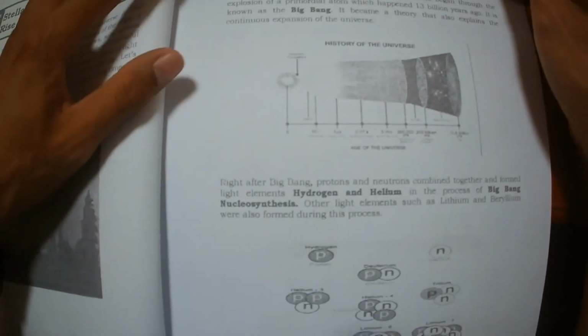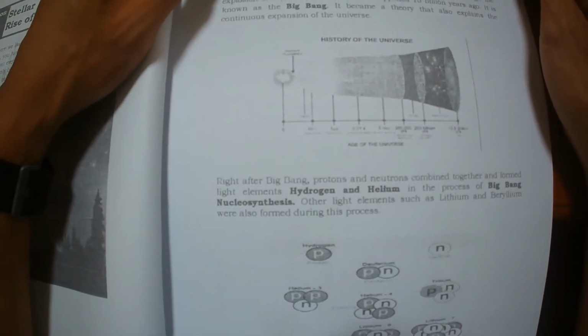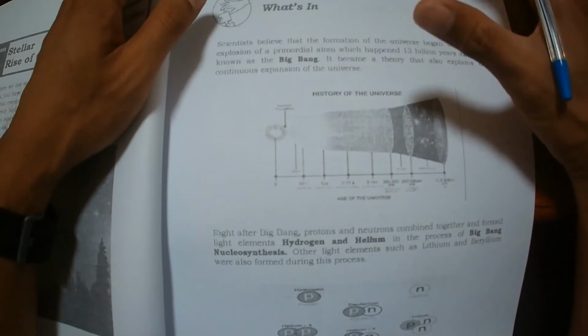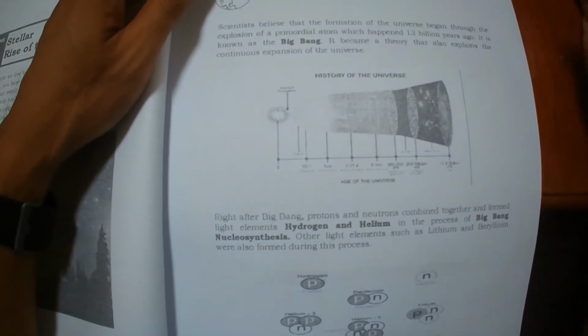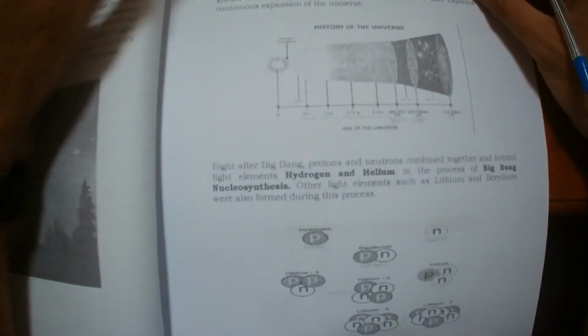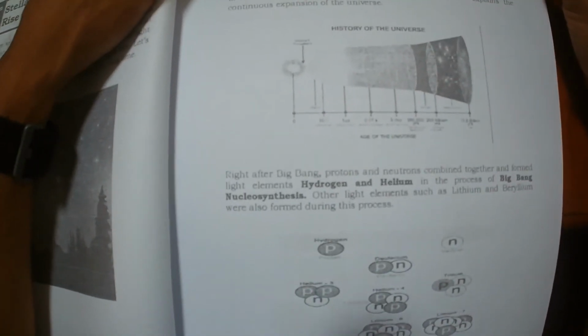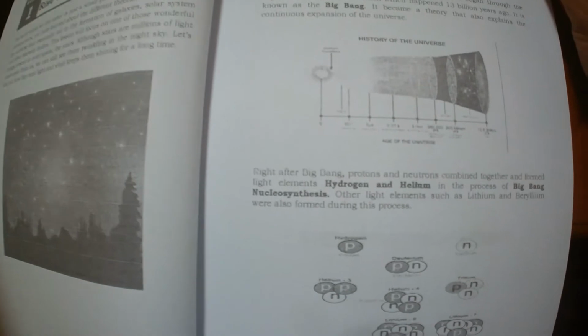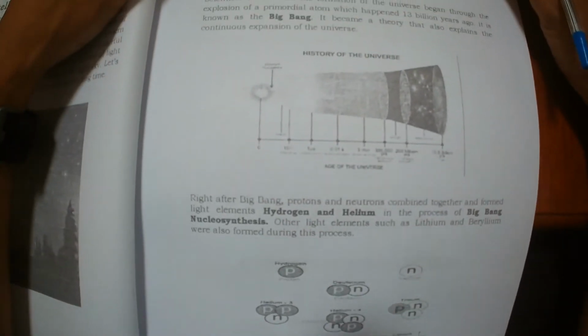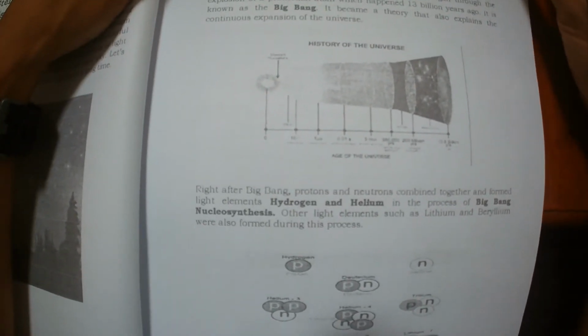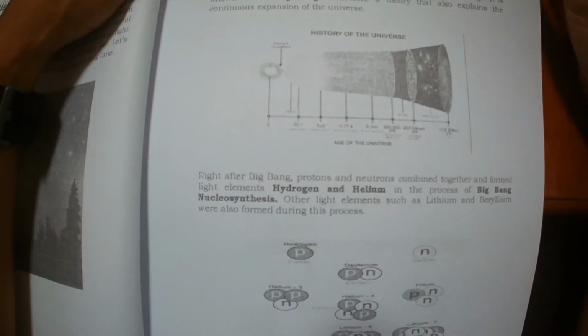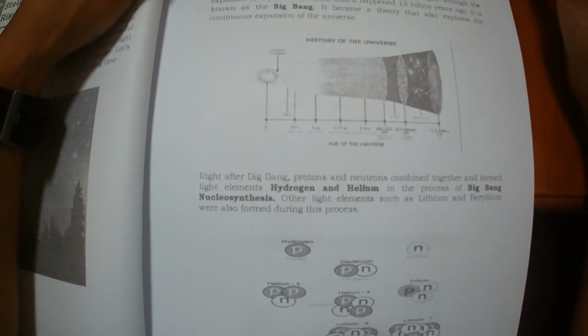So for 13 billion years and still counting, the universe is still expanding. That is one basis of scientists for why they are convinced that the Big Bang theory is true.